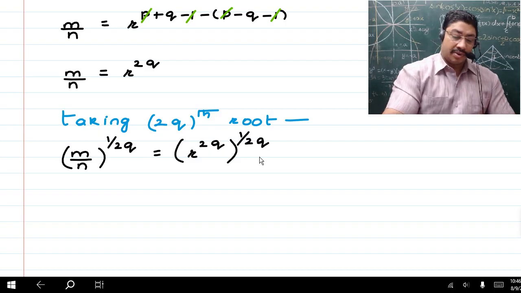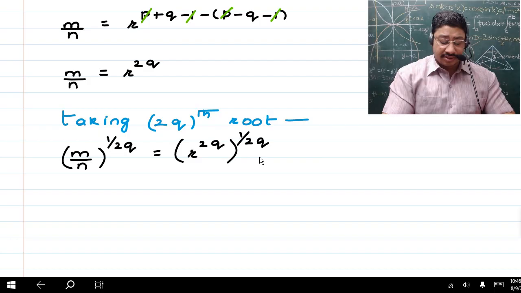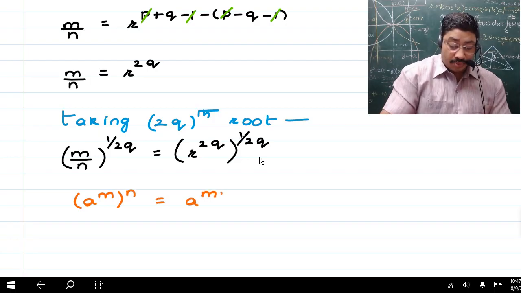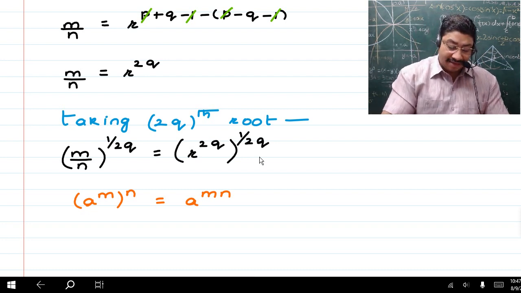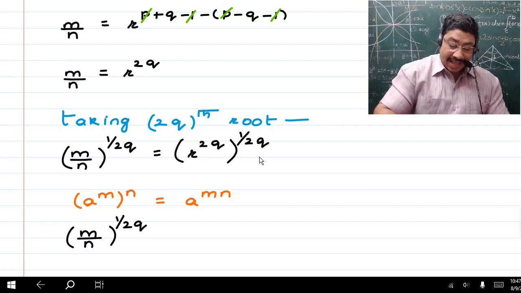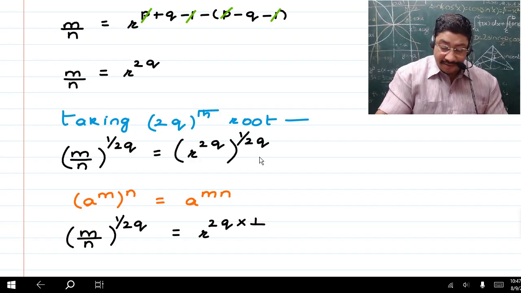Now children, here I will quickly remind you of a formula that you have studied in indices, which is the power formula. That is, if you have some a raised to the power m which is raised to the power n, then that becomes equal to a raised to the power m multiplied with n, right? So using this rule, on the left hand side obviously we have m upon n, whole raised to the power 1 upon 2q, and on the right hand side it becomes r raised to the power 2q multiplied by 1 upon 2q.